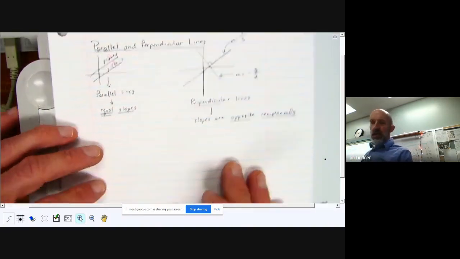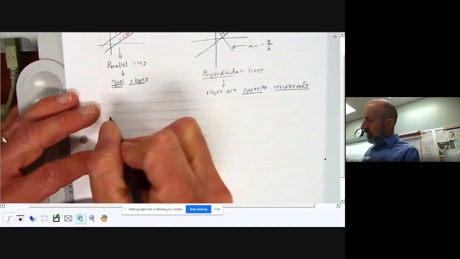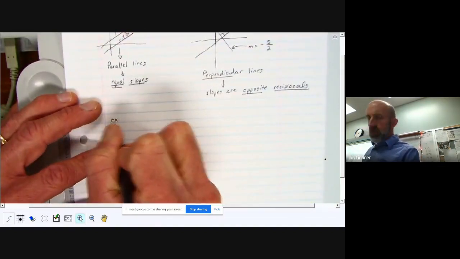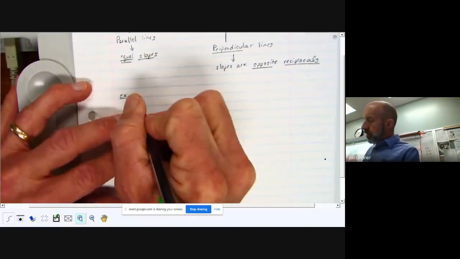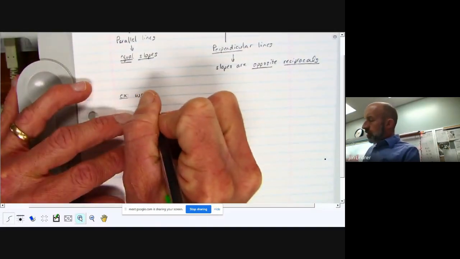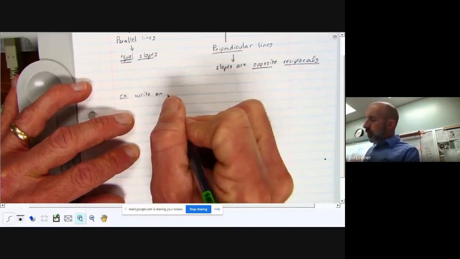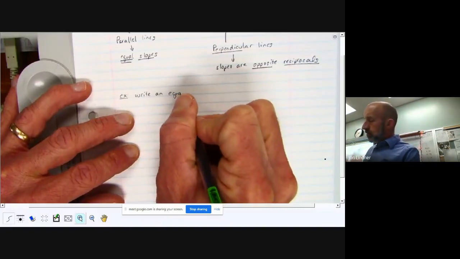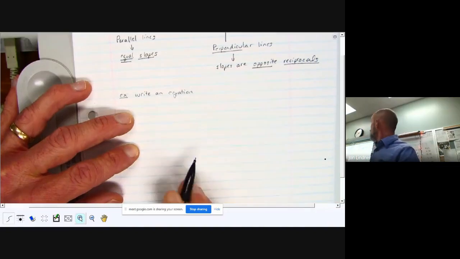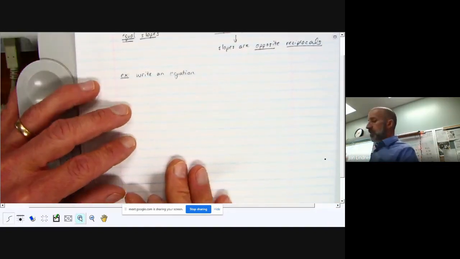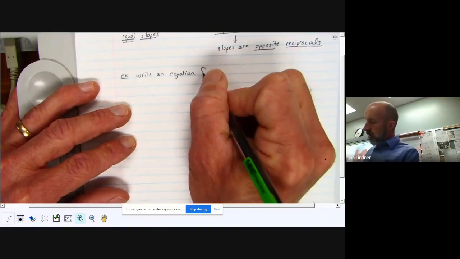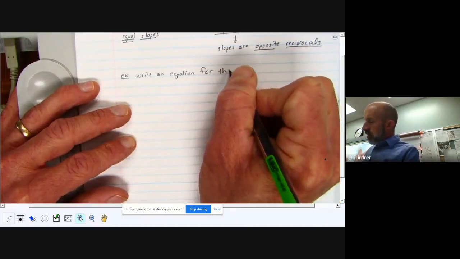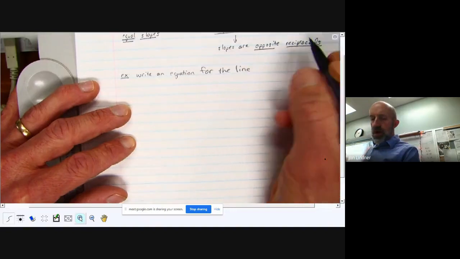So let's take a look at the type of problem you're going to see in homework. They're going to ask you to write an equation, I'll write a little bit bigger, for the line.